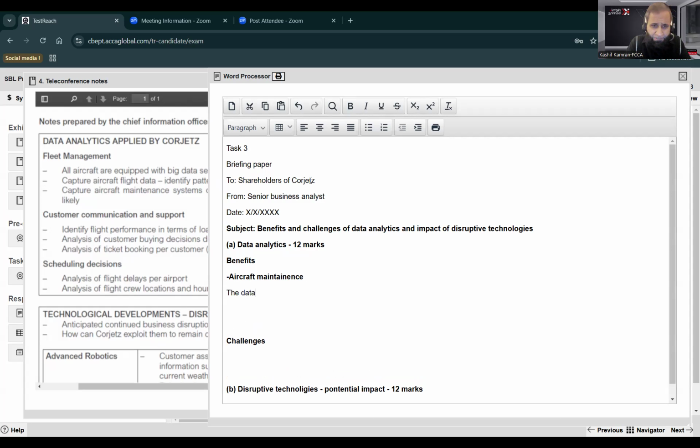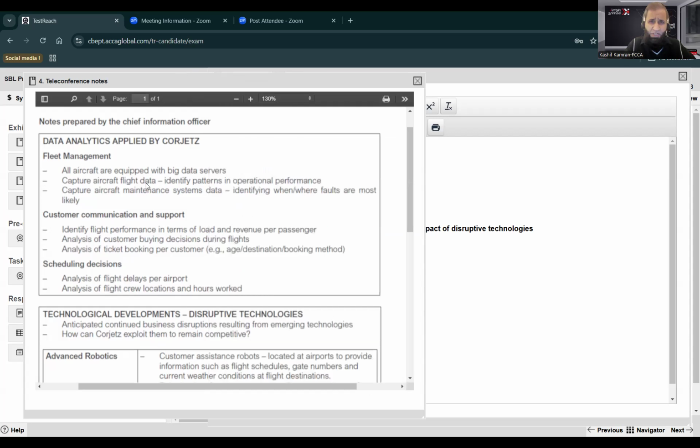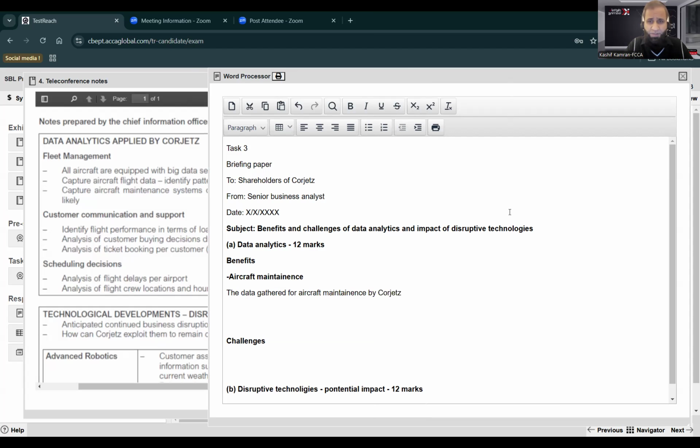The data gathered for aircraft maintenance by Corjets captures aircraft maintenance data, identifying when and where faults are most likely. When and where the faults are most likely.